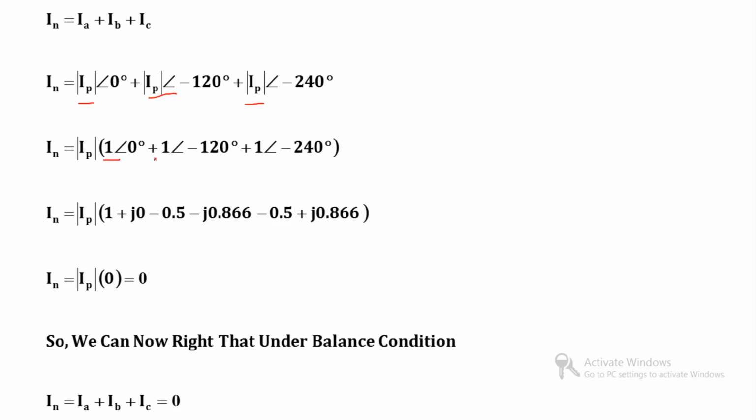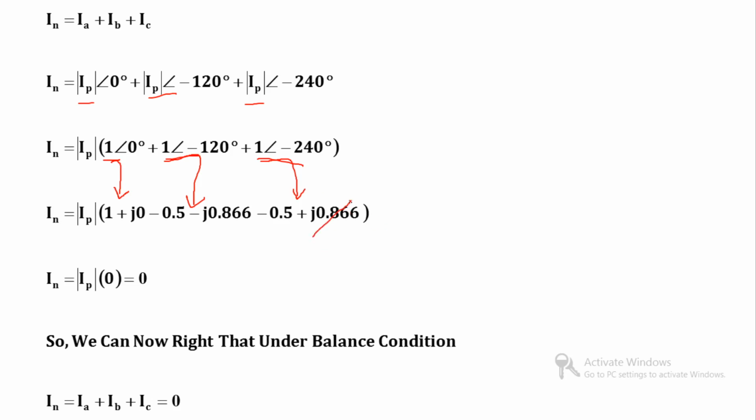These are polar values, so we have to convert them into rectangular. 1 at an angle 0 becomes 1 plus j 0. 1 at an angle minus 120 becomes minus 0.5 minus j 0.866, and 1 at an angle minus 240 becomes minus 0.5 plus j 0.866.